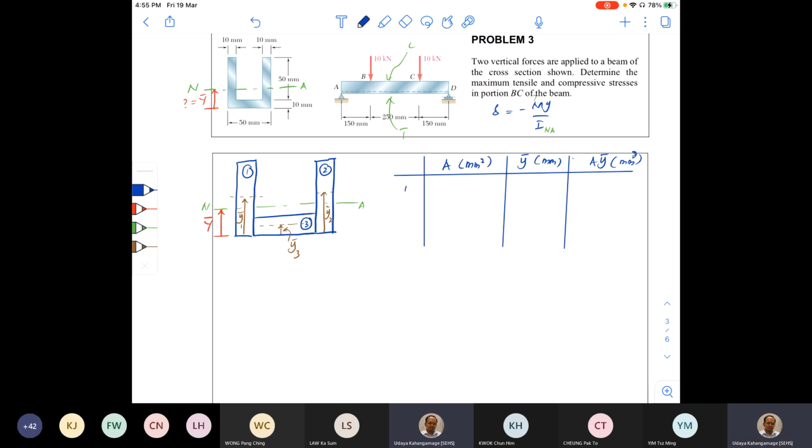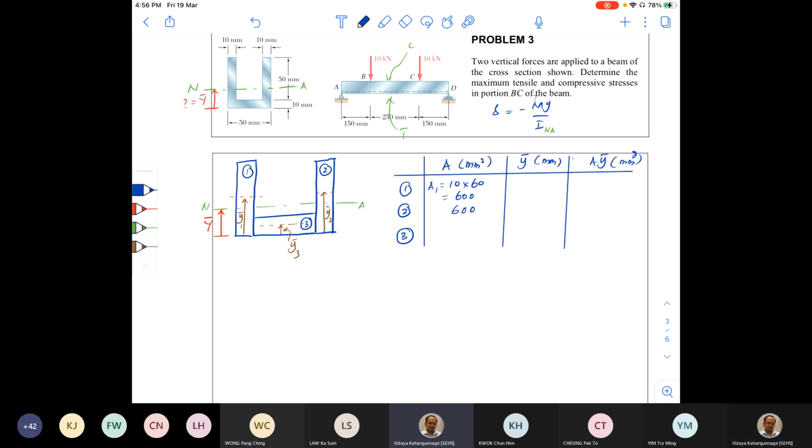Okay, I will denote the three sections by 1, 2, 3 numbers, and 1 is section 1, and the area here is 10 into total height 60, right? So A1 is equal to 10 into 60. That is 600 millimeters squared.